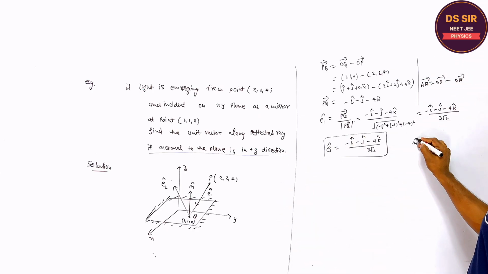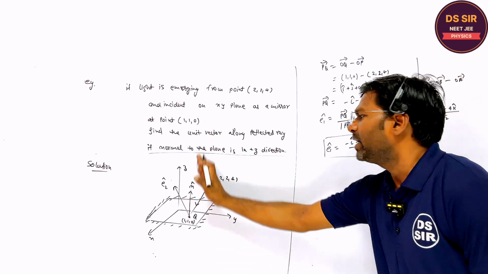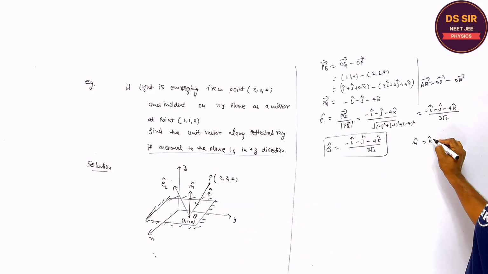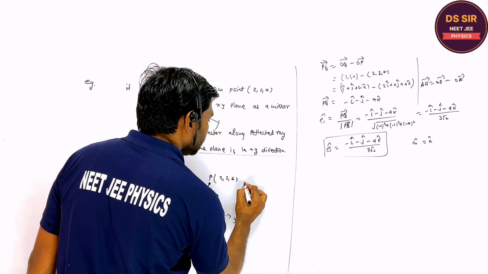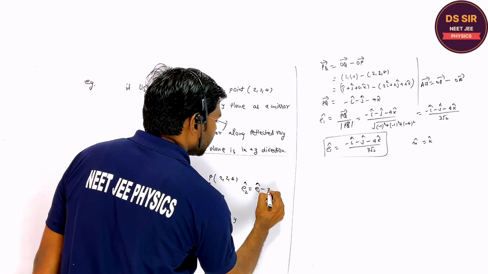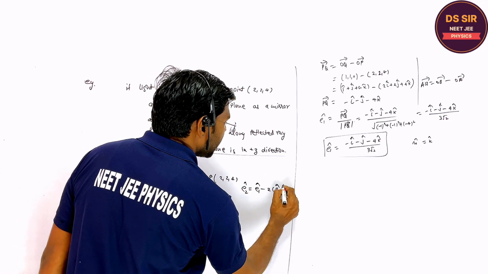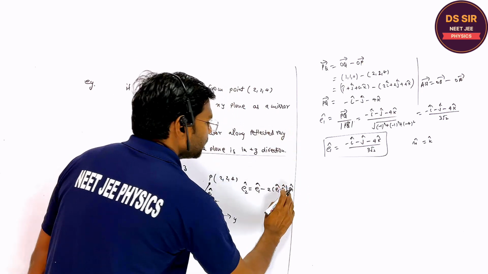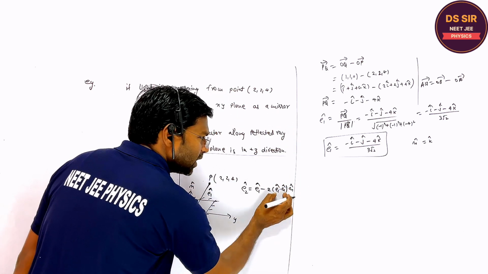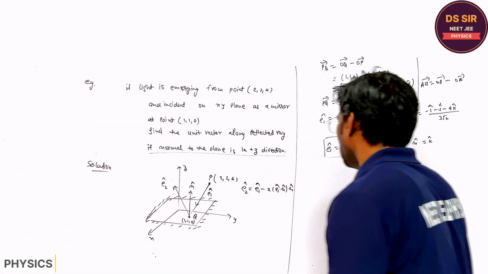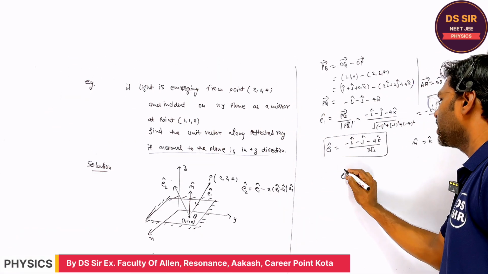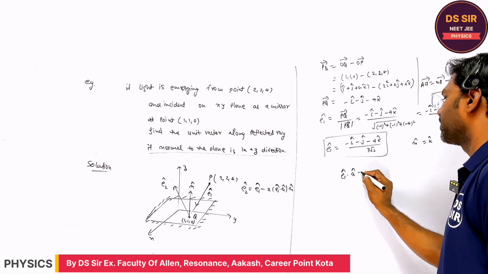And what is the n cap? The n cap is nothing but the k cap. So what is the formula for the E2? The formula for the E2 cap is nothing but E1 minus 2 (E1 dot n cap) into n cap, right? This is the dot product multiplied by the unit vector. Are you getting? So first you have to find E1 dot n cap, right?